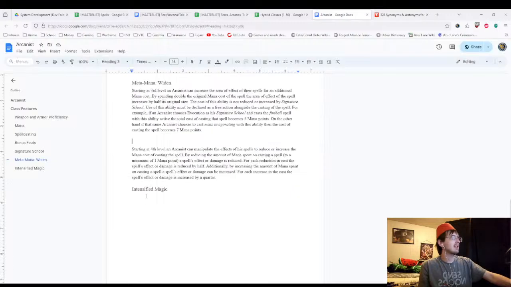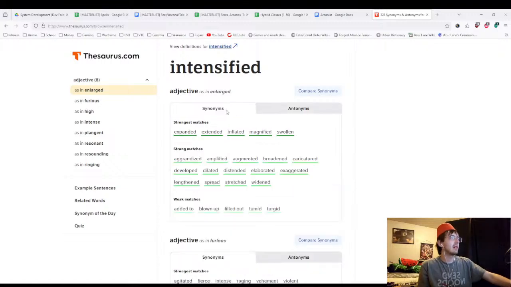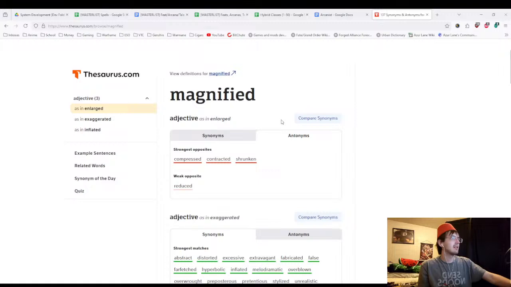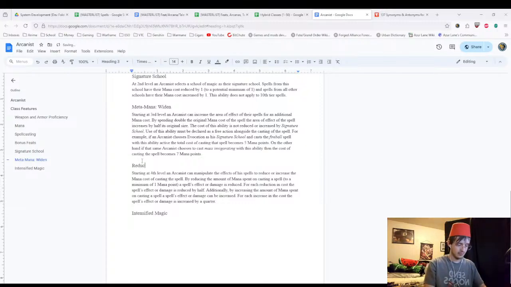Spell control would work as a good one. Let's try magnified instead. We're just going to have to go with reduced magic. I don't care. We'll go with magics instead of magic.